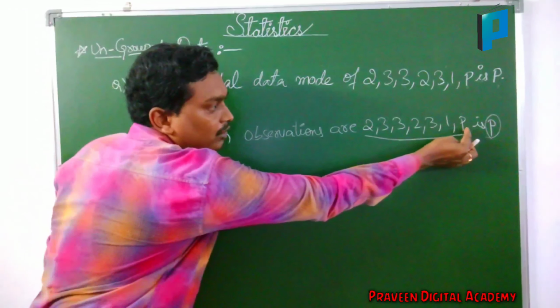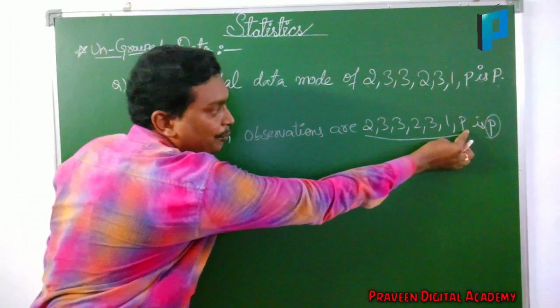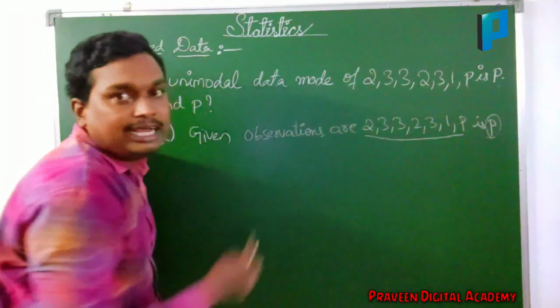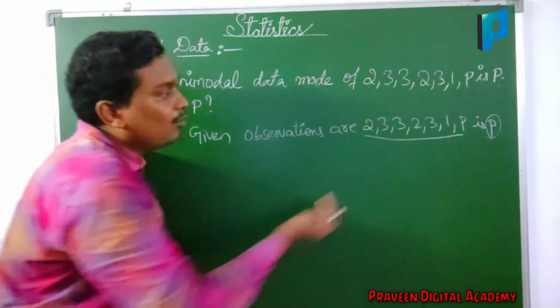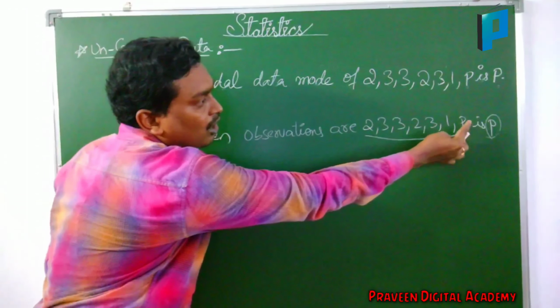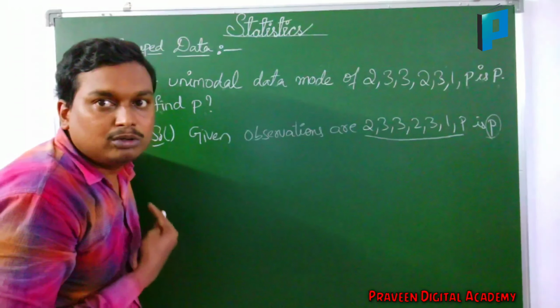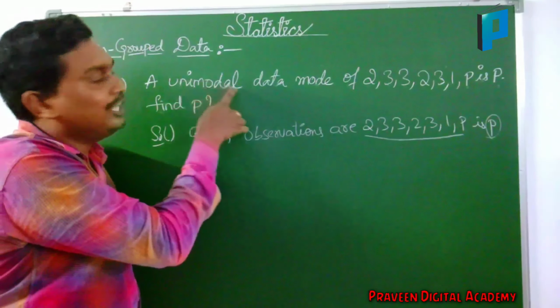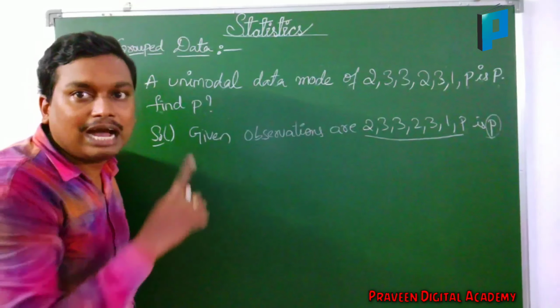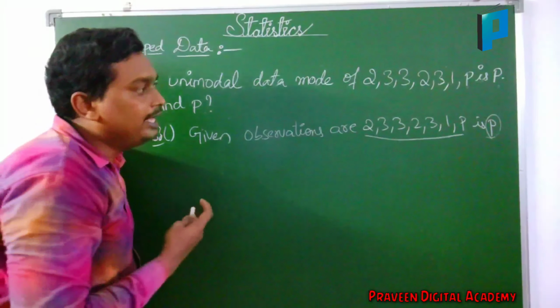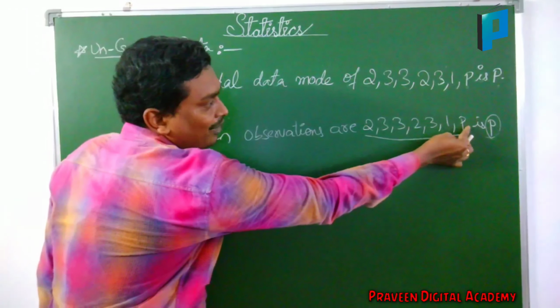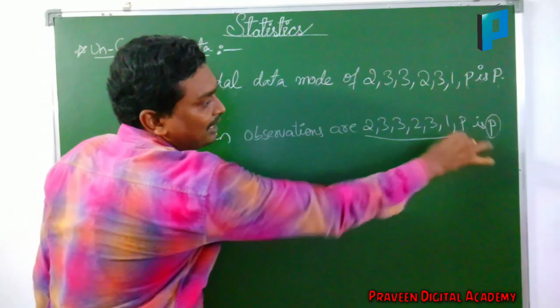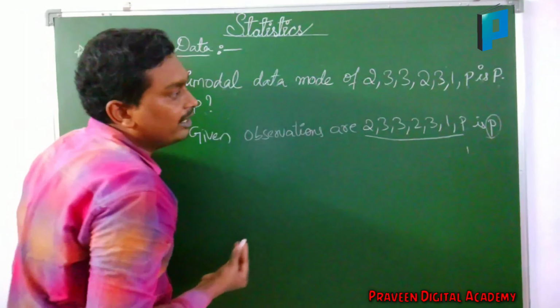Here whatever the value we will get in the place of P, that only we will get as a mode. Here what to substitute in the place of P, we have to think here. They are saying unimode means only we will have single mode. Here if you are keeping 1 in the place of P, what it will be?